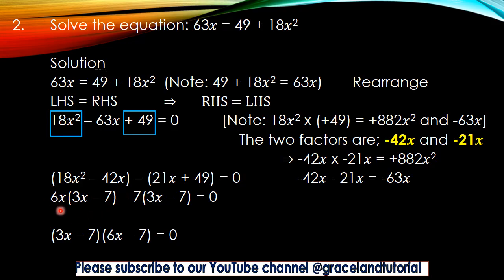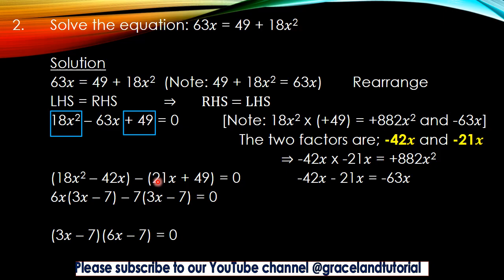So you have 6x outside the brackets. 6x in 18x squared is going to give us 3x. 6 in 18 is 3. x in x squared is x. Minus 6x in 42x will give us 7. The x will cancel x, and then 6 in 42 will be 7.